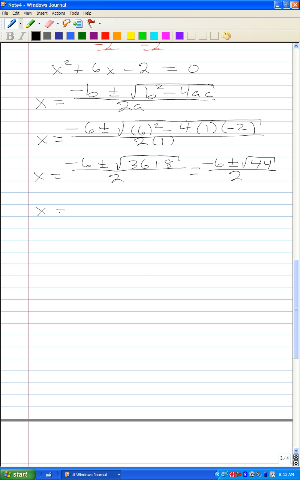Let me rewrite 44 as 4 times 11. The square root of 4 is 2. Let me factor.